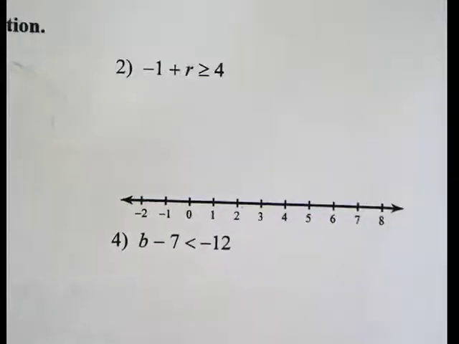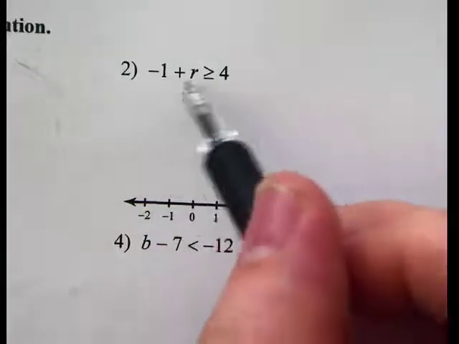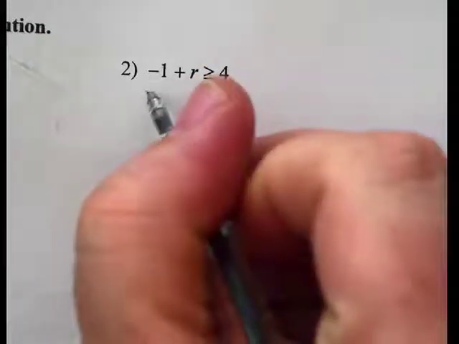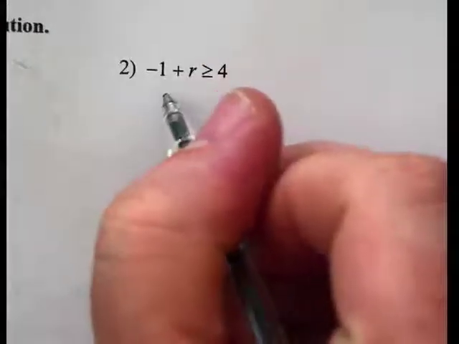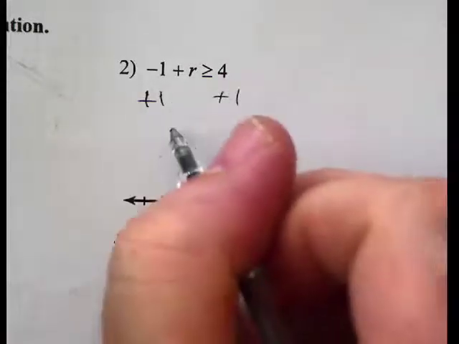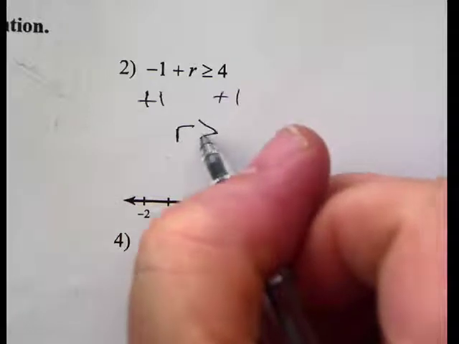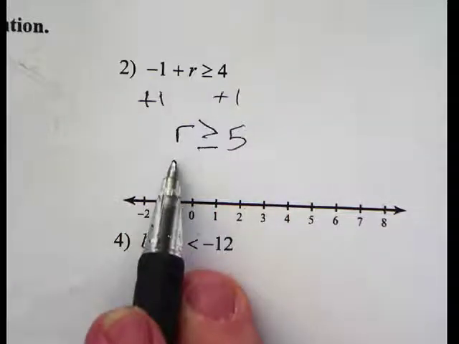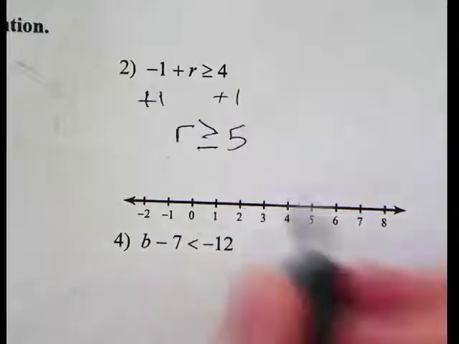Okay, number 2. -1 plus r is greater than or equal to 4. So I need to get the r by itself. So I'm going to add 1 to both sides. Now I have r is greater than or equal to 5. The r is on the left. It's a positive, so we can just shade it.